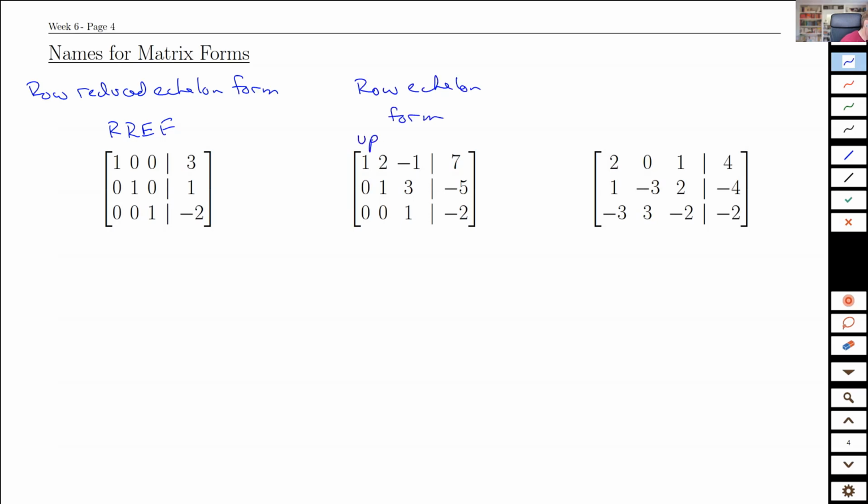Sometimes it's called upper triangular, though there's some fine distinctions about that you don't care about right now. Upper triangular. And you can kind of see why that would be called it, because on the upper part of the matrix, there's a triangle you can kind of carve out. And then this has just general, no specific name.